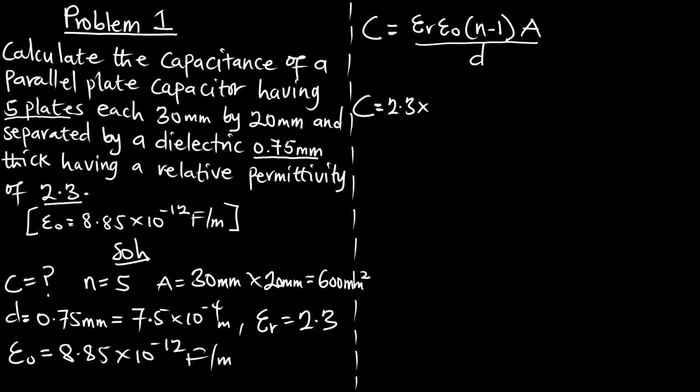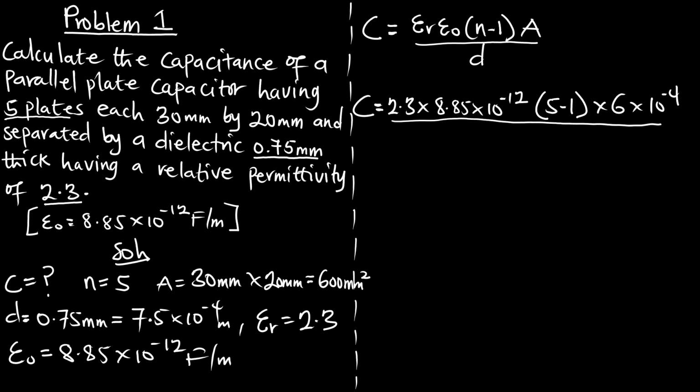The permittivity of free space is 8.85 to the power negative 12. We have 5 plates, so that will be 5 minus 1. And our area, 600 millimeter squared, we are to convert this to meter squared. That is going to be 6 to the power negative 4. Everything is over the distance, which is 7.5 to the power negative 4.